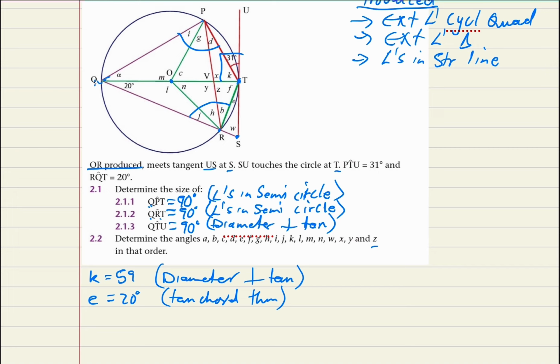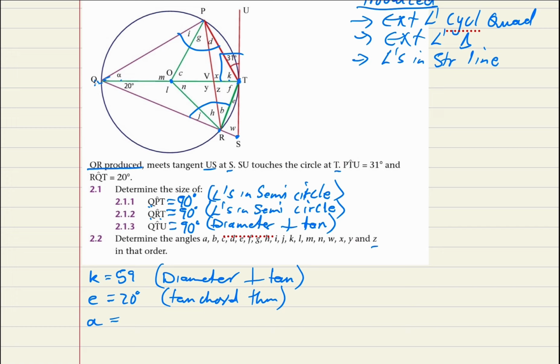Okay, I hope you guys are following me, right? So again I will have A. A is equal to 180 degrees minus 90 degrees minus K being 59.